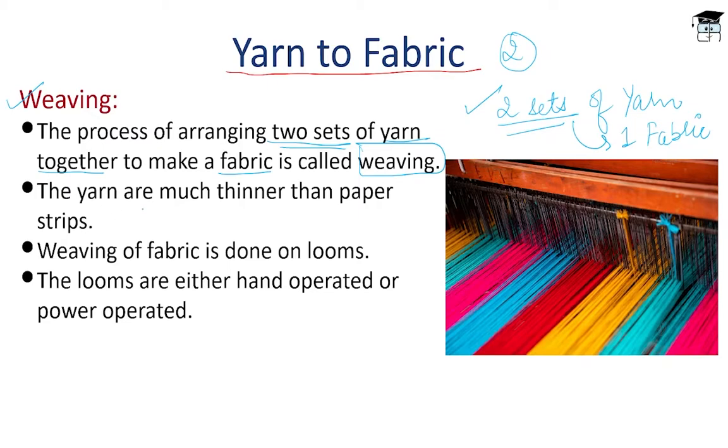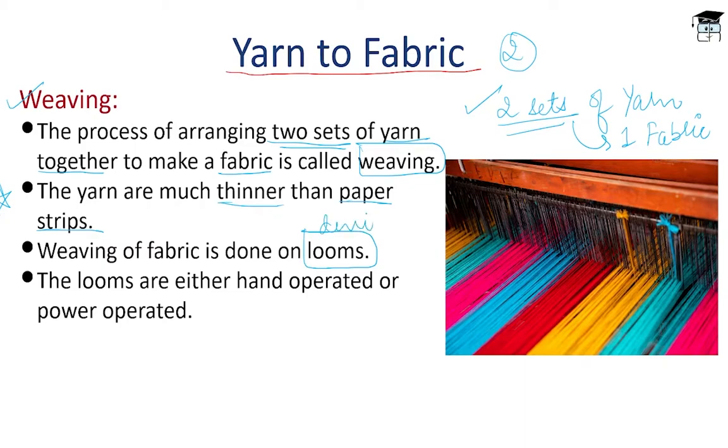The yarns are much thinner than paper strips. Very important point. You see how thin these yarns are. These yarns are so thin that they are even thinner than paper strips. Weaving of fabric is done on looms.